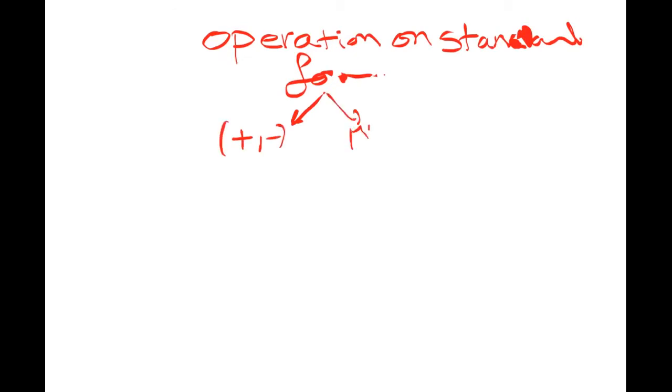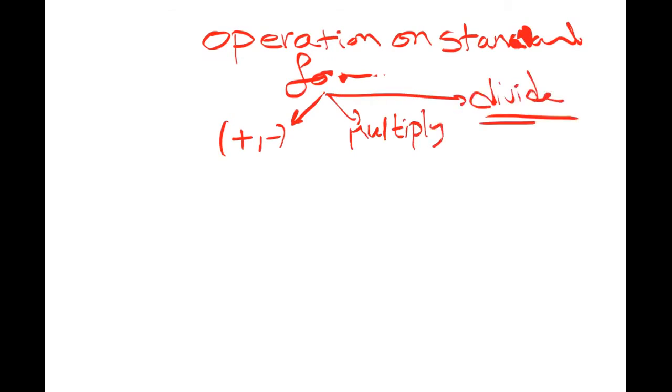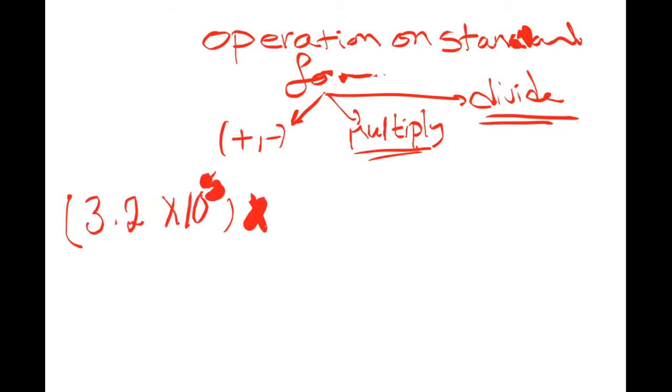Multiply and divide. So let's start with multiply. If I have a number in standard form, and there is an operation, we write it between brackets. So if I have 3.2 times 10 power of 5 multiplied by 8 times 10 power of 3.